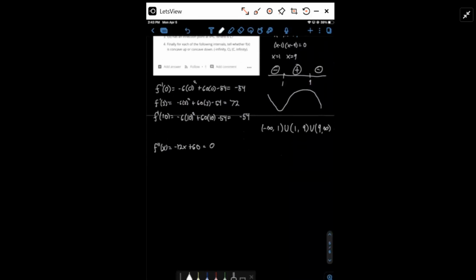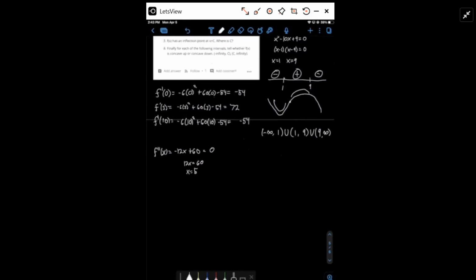So we'll set this equal to 0 and solve for x. 12x equals 60, which means x equals 5. So when we plug in 5 into this equation right here, it's going to make it equal to 0, and that's also going to be the point at which the graph changes from concave up to concave down. So that is the inflection point.